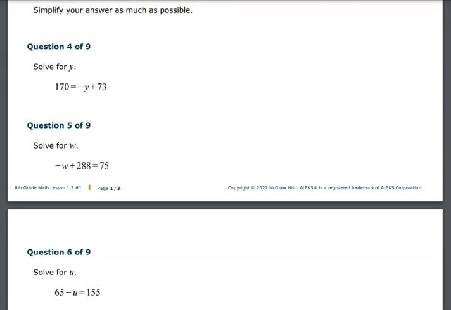Well, again, I'm going to rewrite it in a way that makes sense for me. I just like rewriting my problems like this. Now what I do here is, again, I see addition, I'm going to do the opposite.